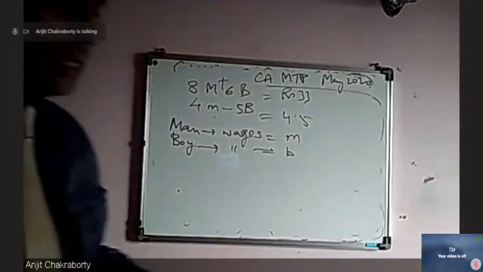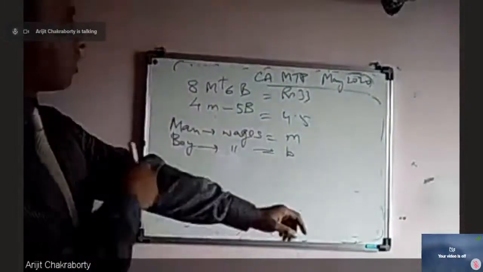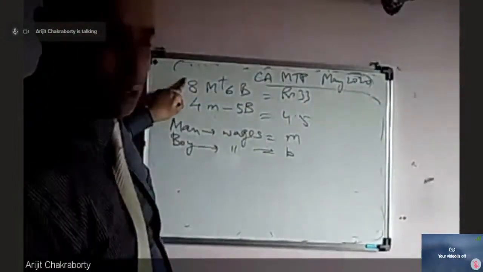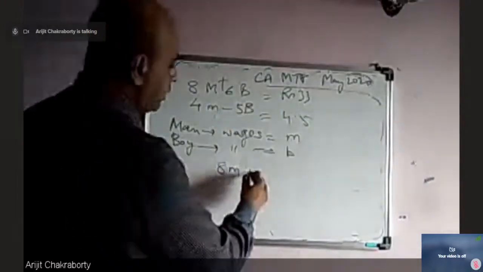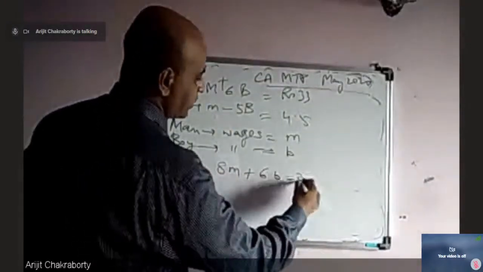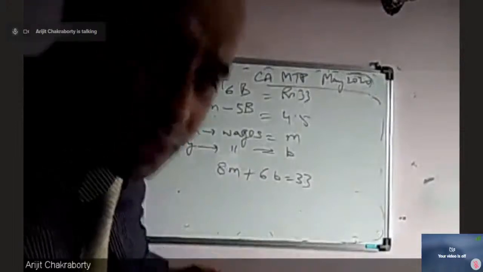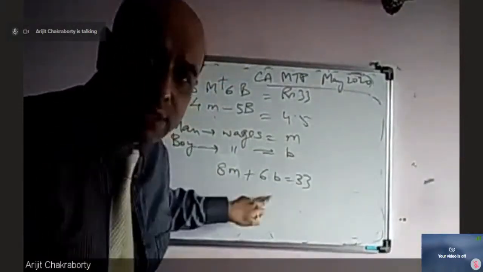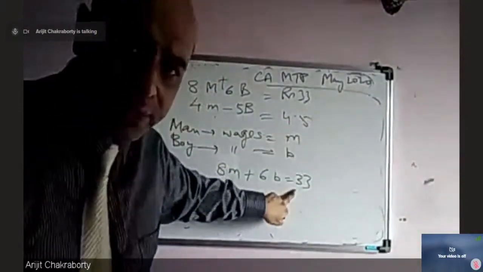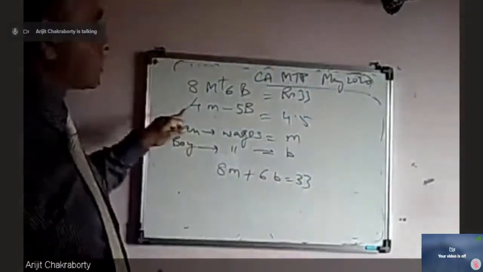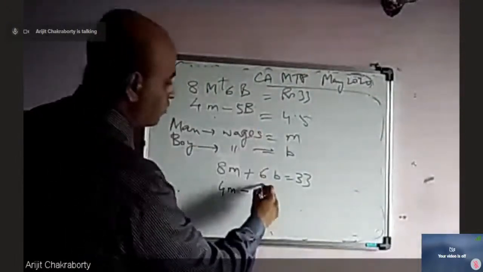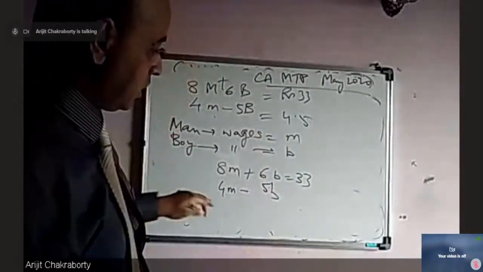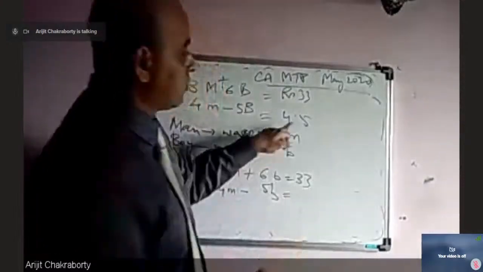Okay. So very simple. Equation is 8M plus 6B equal to 33, because the total wages earned by 8 men and 6 boys is 33, given in the problem. Second is 4 men minus 5 boys is 4.5.